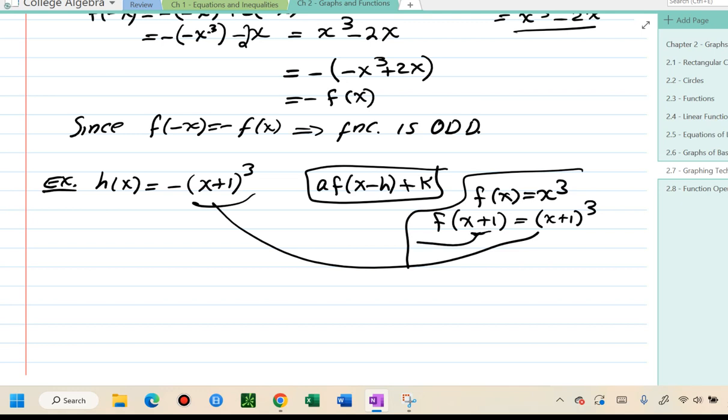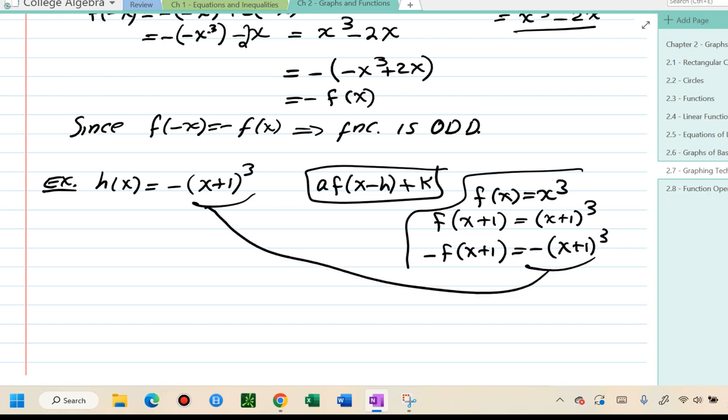So you do have that x minus h structure there. And what else? Let's say the negative in front. The negative f of x plus 1, therefore, is negative, parentheses x plus 1 cubed. And that is precisely what this function is.